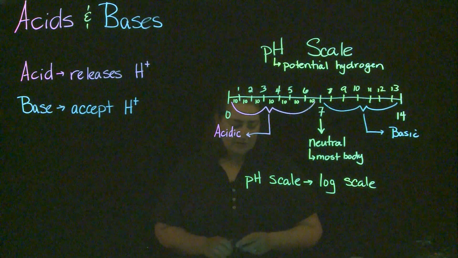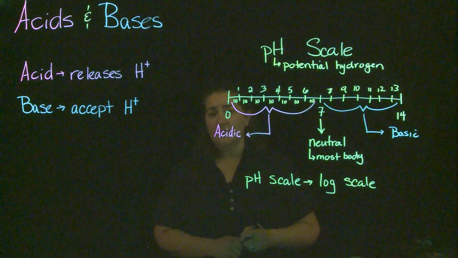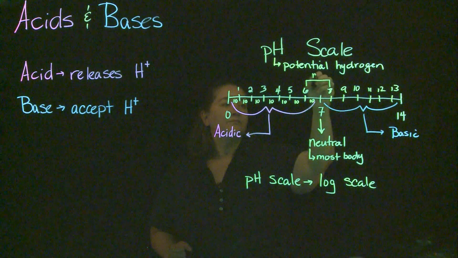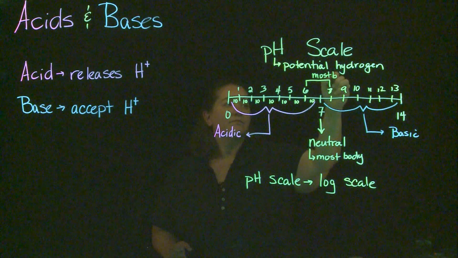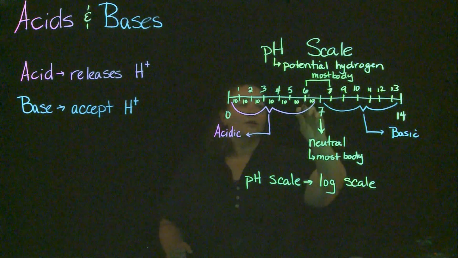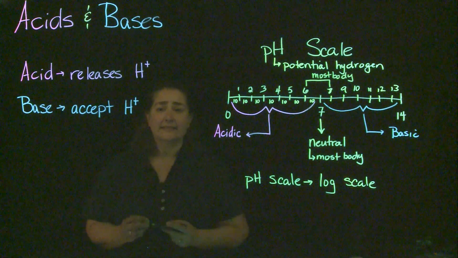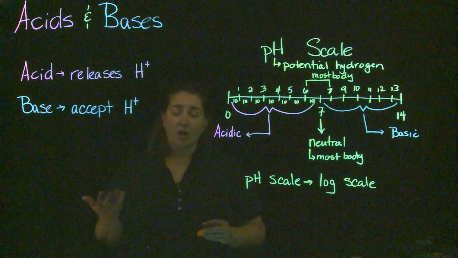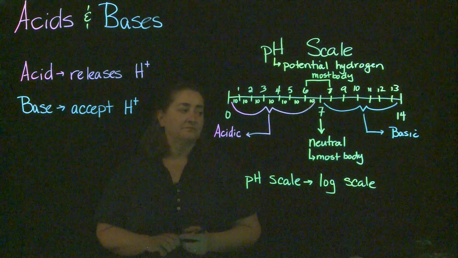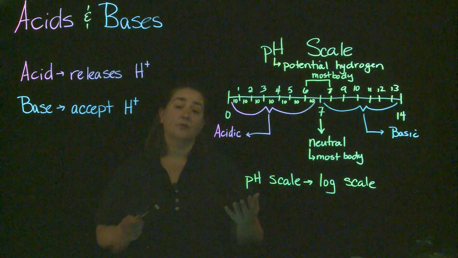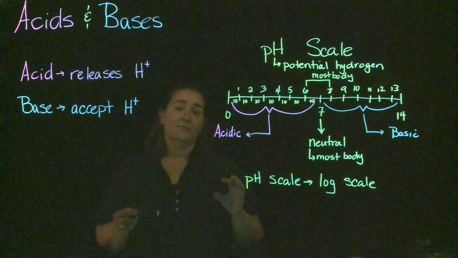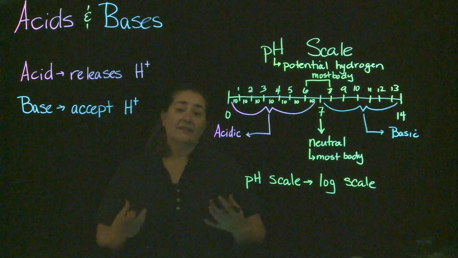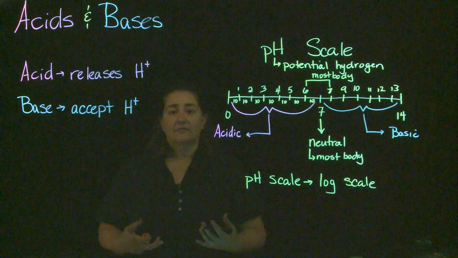Now, in terms of normal body chemistry, most of the body is going to fall in between a pH of 6 and a pH of 8, all right? Because we're talking about chemistry, but in the context of biology, there is an environment in your body that is highly acidic, all right?